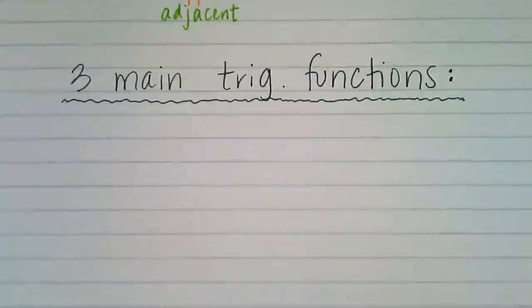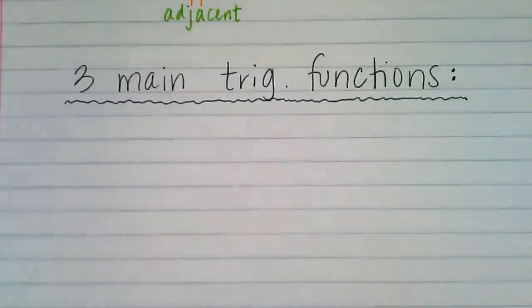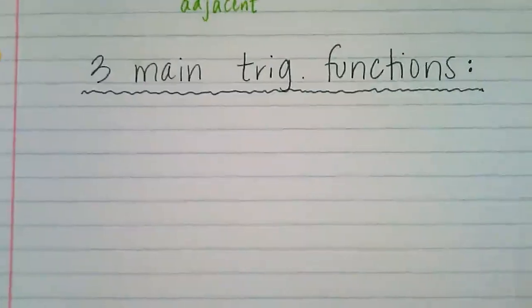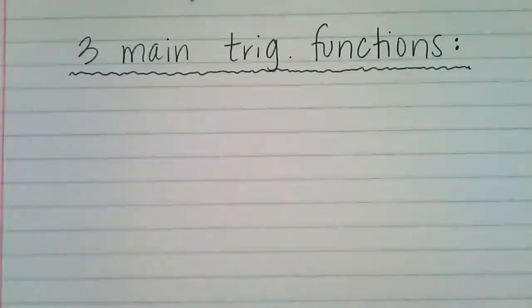All right, now there are three main trig functions, and you can always tell if a person knows what they're talking about by the way they pronounce them. You may have seen on a calculator sin, cos, and tan. Well, those stand for sine, cosine, and tangent. Those are abbreviations, the sin, the cos, and the tan. But when we say them, we say the sine of blah, blah, blah, or the cosine of whatever.